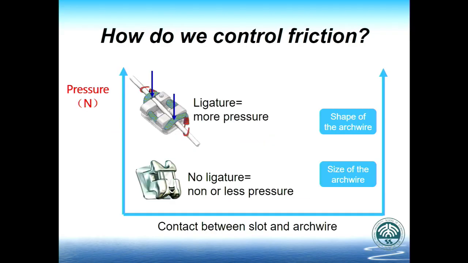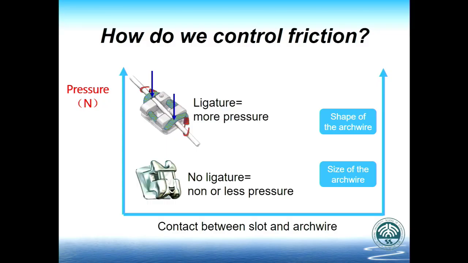And if we think about the pressure, what will influence the pressure? Because the archwire needs to be put in the slots. So if we put a pressure on the archwire, how? Use the ligature.